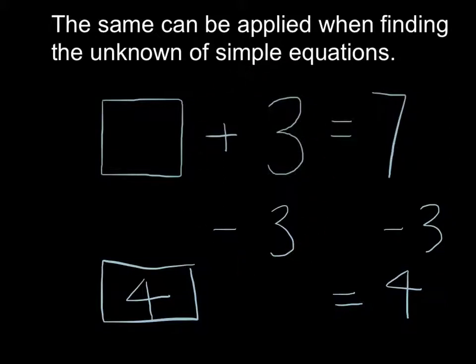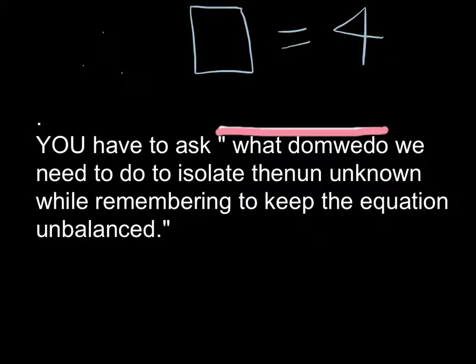So we subtract 3 from here. After doing that, we have 4 and 4, and the equation is balanced. So therefore, the box equals 4. This is called the balance strategy for finding the unknown.